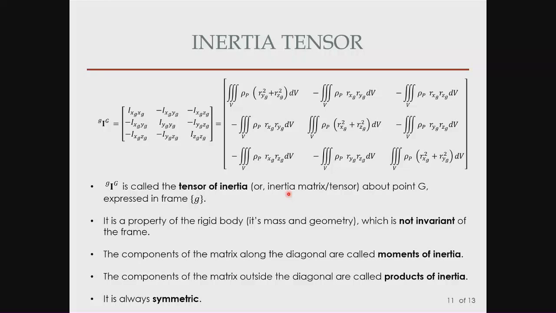Now, not invariant of frame means it will have different values in different frames. So pay attention to which frame you are calculating your inertia tensor in. And these are the names of the components along the diagonal.